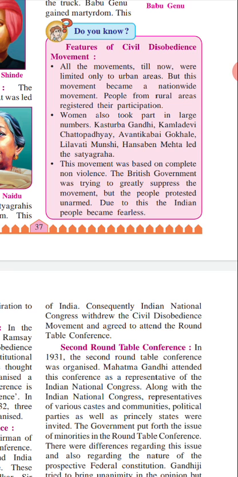Kasturba Gandhi, Kamla Devi Chattopadhyay, Avantika Bai Gokhale, Leelavati Munshi, and Hansaben Mehta led the Satyagraha. This movement was based on complete non-violence. The British government was trying to greatly suppress the movement, but the people protested unarmed. Due to this, the Indian people became fearless.